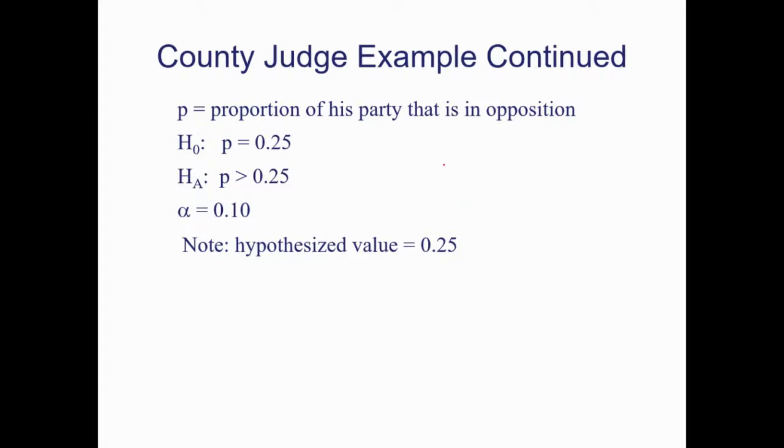What did we say n was? 800. What about p hat? 217 over 800, which equals what?